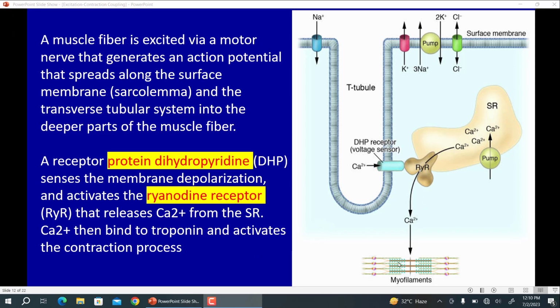On the actin molecule we have troponin, and when calcium is released, it attaches to that troponin and uncovers the active site for the myosin head, and the myosin head attaches to it and causes contraction of these fibers.